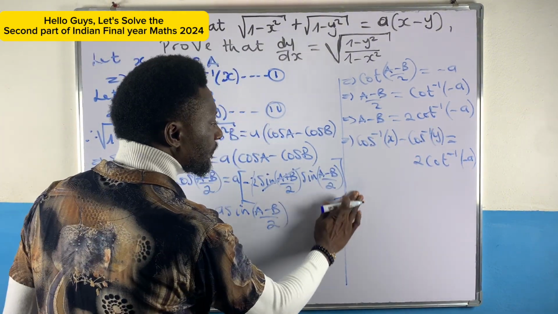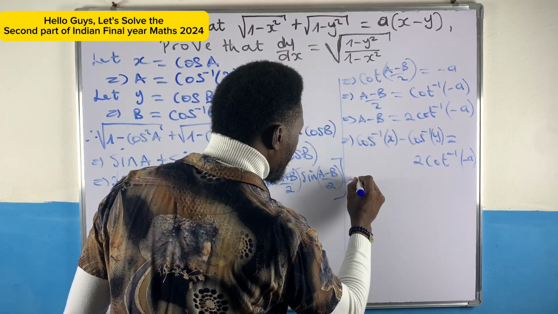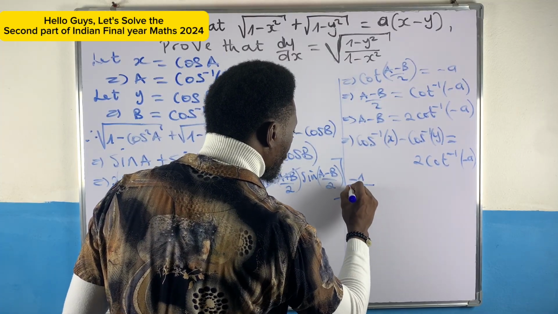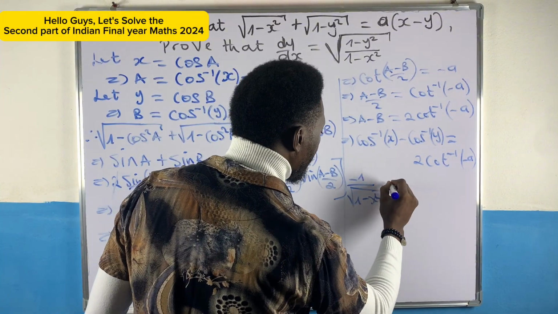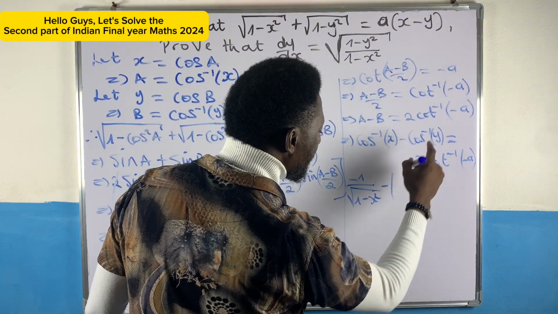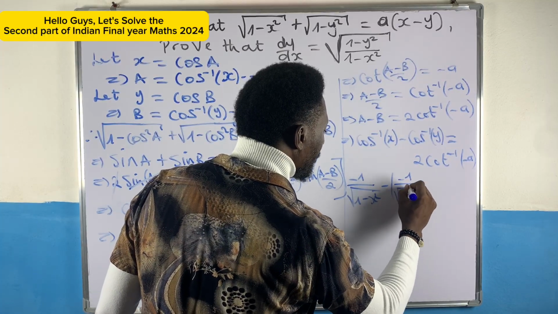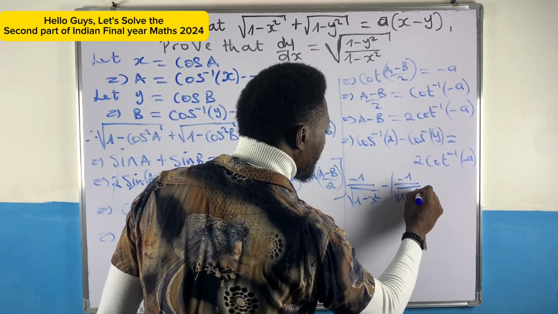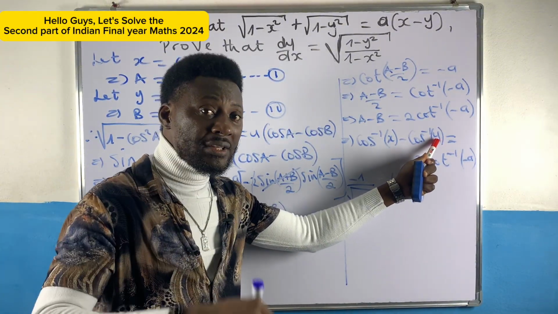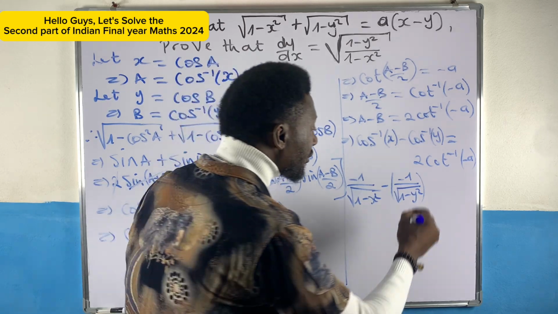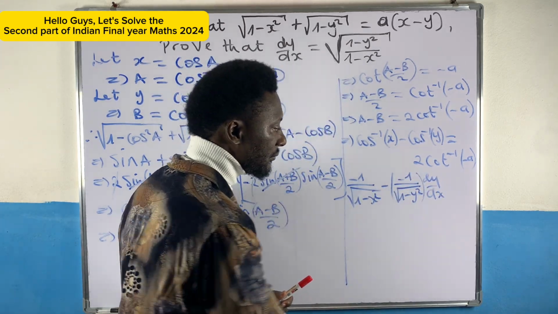So let's go. The differential of cos inverse of X is negative 1 divided by the root of 1 minus X squared, minus the differential of cos inverse of Y, which is negative 1 divided by the root of 1 minus Y squared. Now, because this variable is Y and is not X, and we are differentiating with respect to X, I must multiply dy on dx behind.